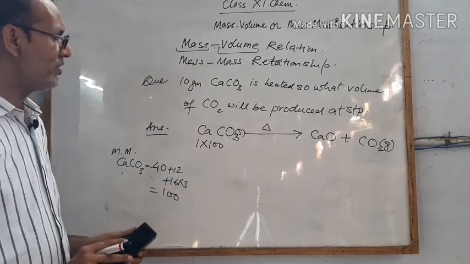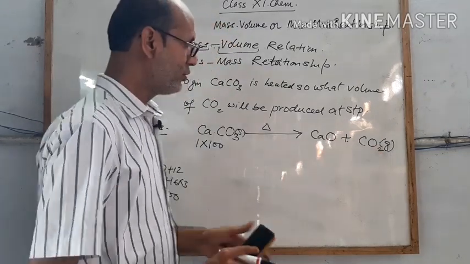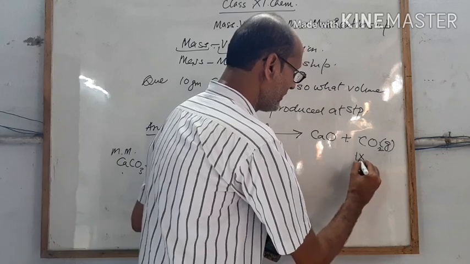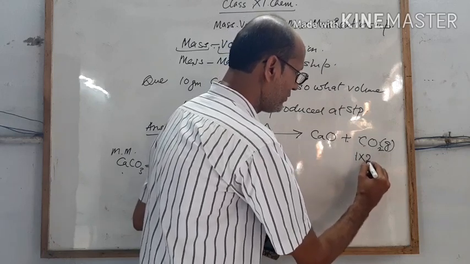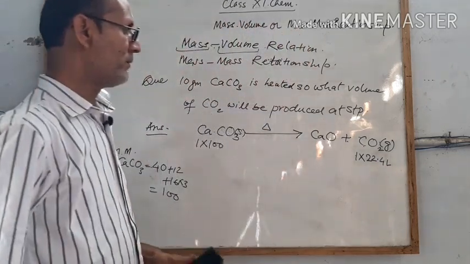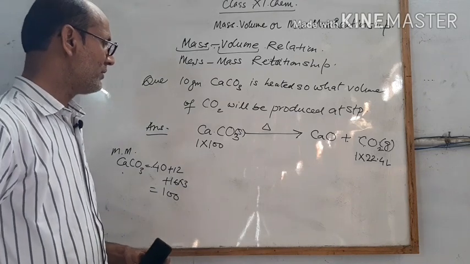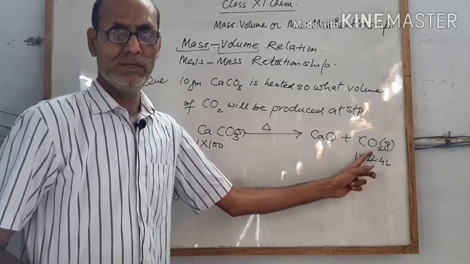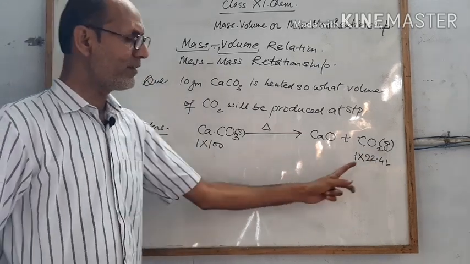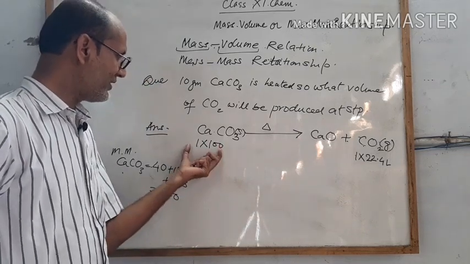And the volume you want to calculate is of CO2. The number here is 1, so for 1, the volume is 22.4 liter. In Gay-Lussac's law we use 1:1, but here we have to use this ratio.